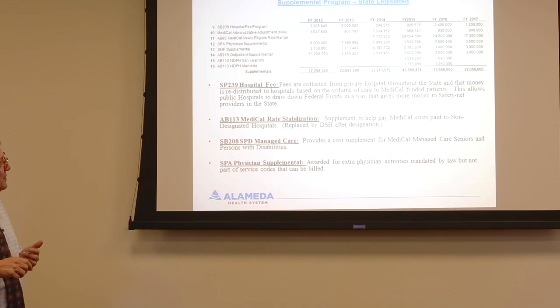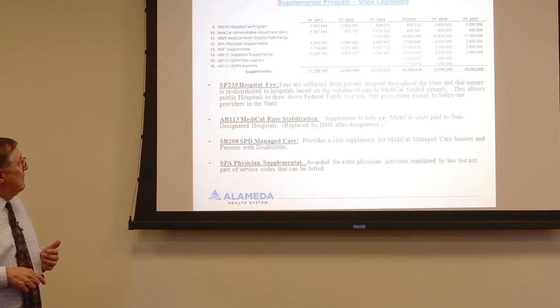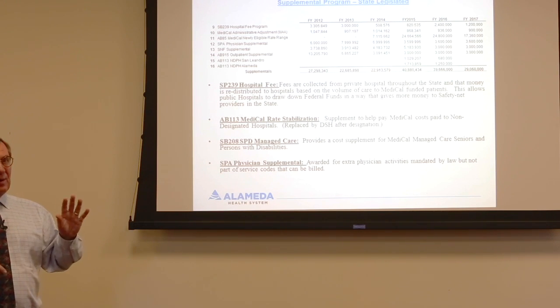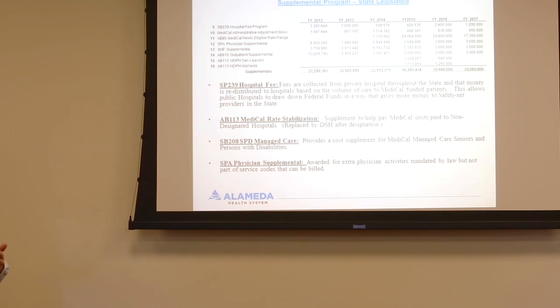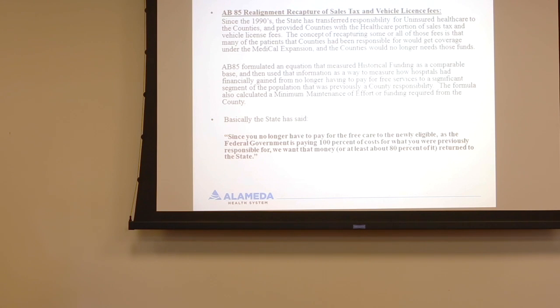That's what all these things do. So this year, about 40 million, next year about 29 million. We're not going to go through all the individual programs. You just need to know there's a bunch of them, but they're all doing the same thing. They're saying, what is your cost? What is your uncompensated cost? And we'll give you a little bit more money to cover that for various categories of patients.